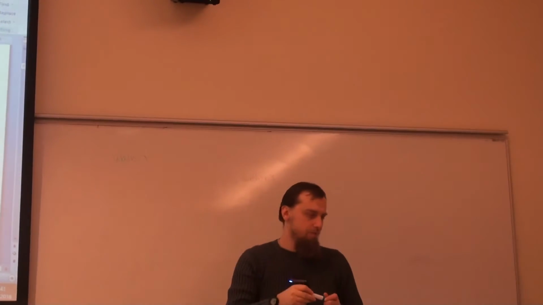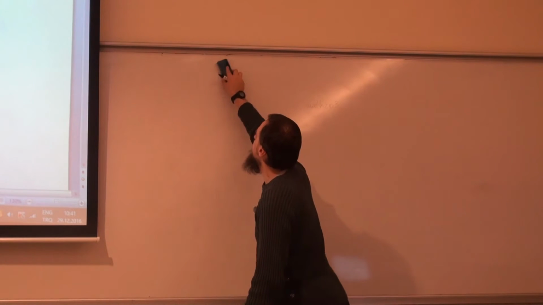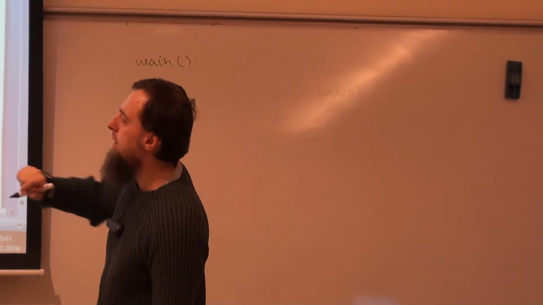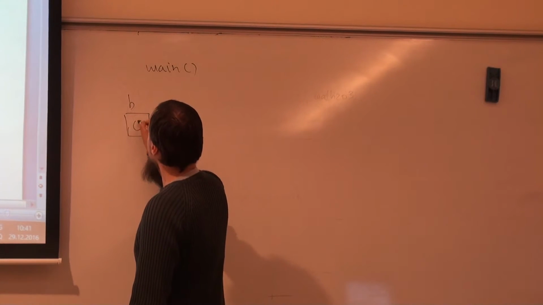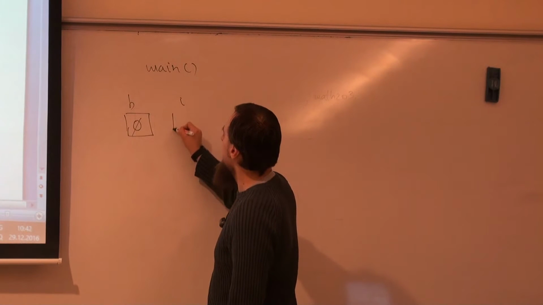Black one is better, because it's about to finish, that's why. Okay, so this is main. And in main I have an integer b. Initially its value is 0. I have another integer I.